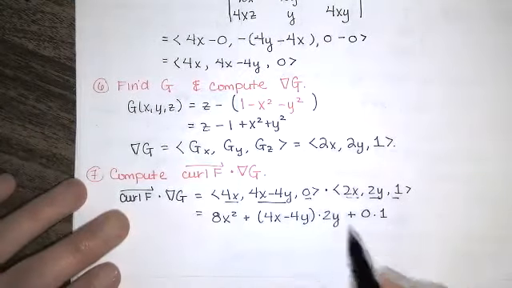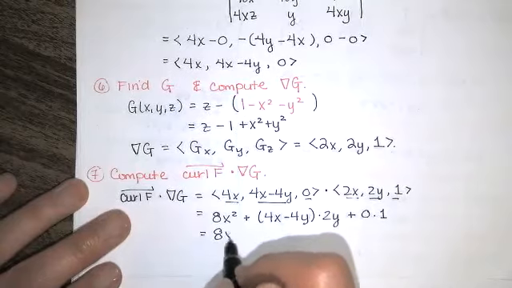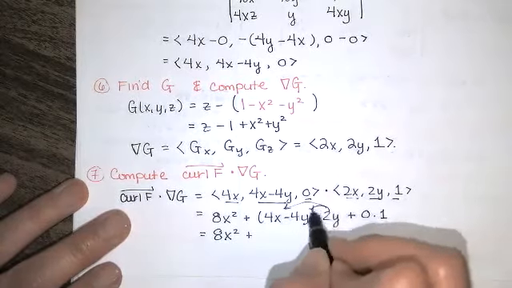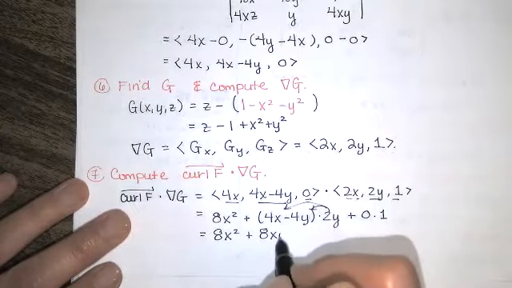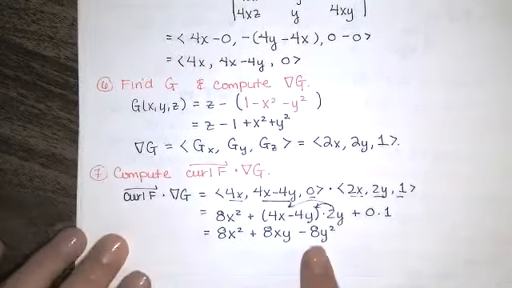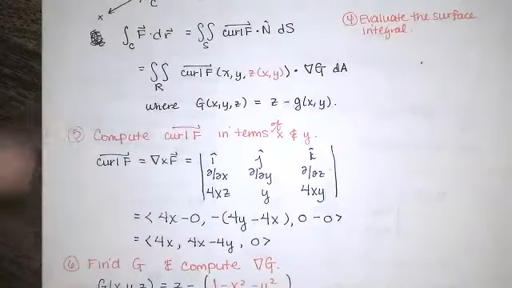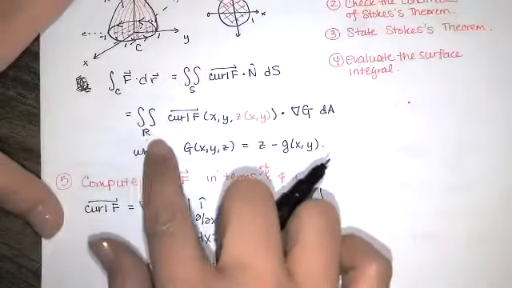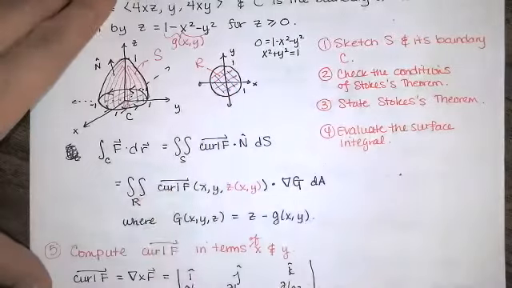Distribute the 4y, or excuse me, the 2y. So we get 8xy minus 8y squared. That's our integrand. Okay. And we need a double integral over R, and R is that circular region.